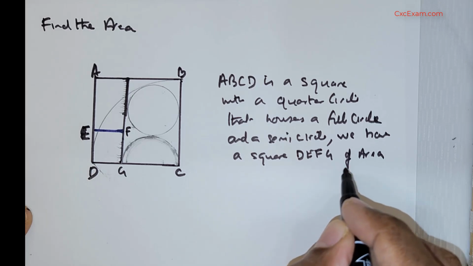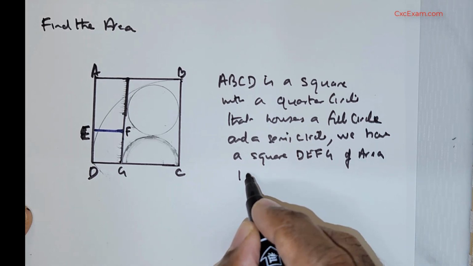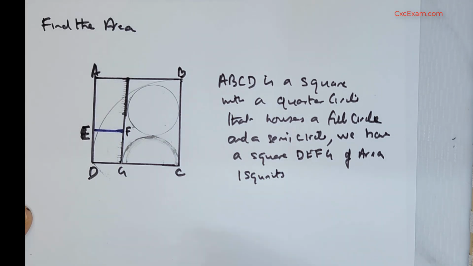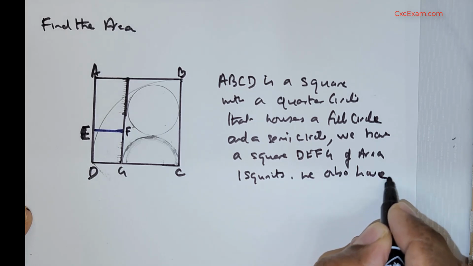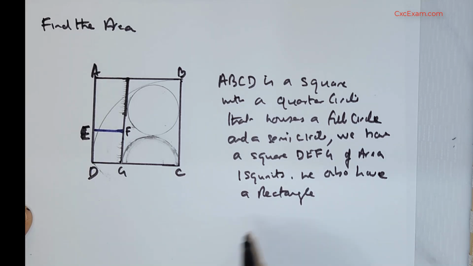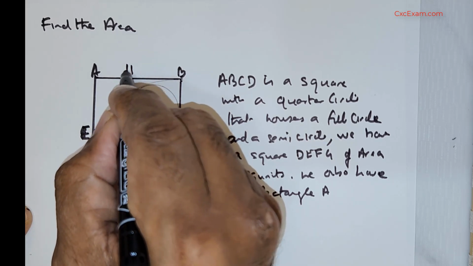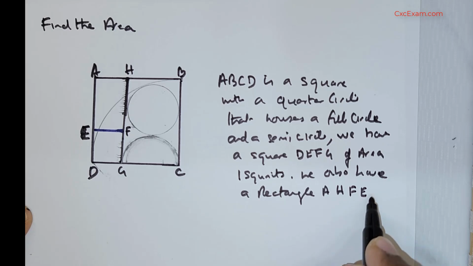Say if I were to use the term area, of area 1 square units. We also have a rectangle A, H, F, E.